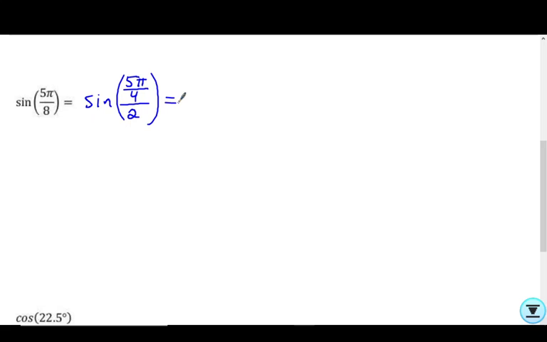Okay? And I'm going to use sine's half angle, which is plus or minus the square root of 1 minus cosine theta over 2. Now, the plus or minus, I've got to figure out, is this sine value going to be positive or negative based on its quadrant? 5 pi over 8 is in the second quadrant, so it's positive.